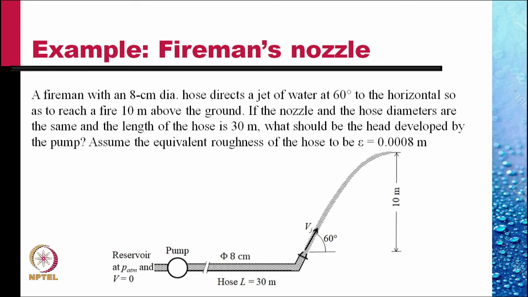A fireman with an 8 centimeter diameter hose directs a jet of water at 60 degrees to the horizontal so as to reach a fire 10 meters above the ground level.